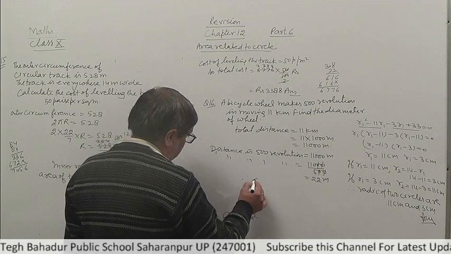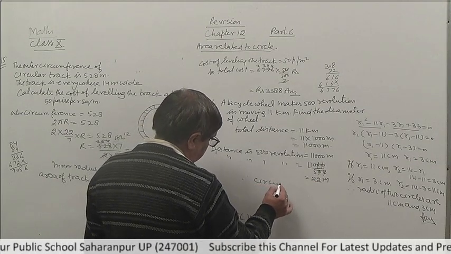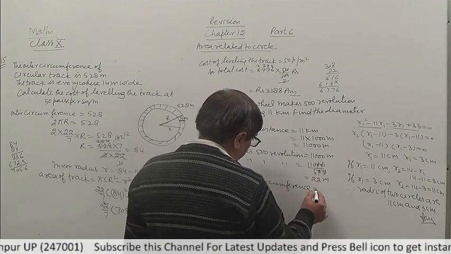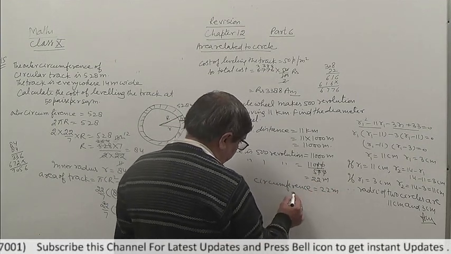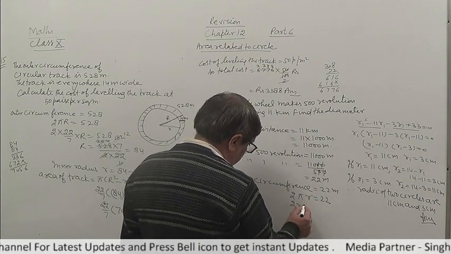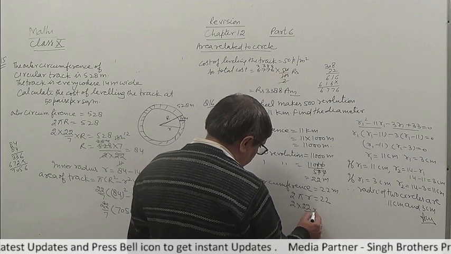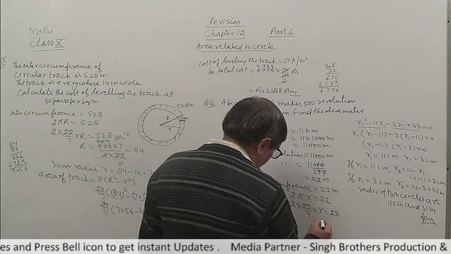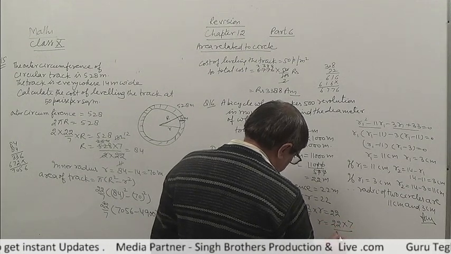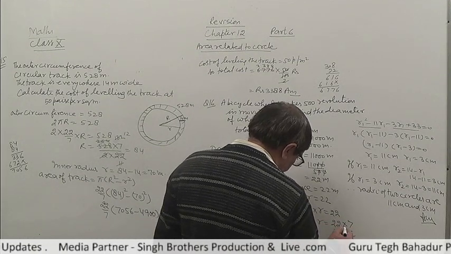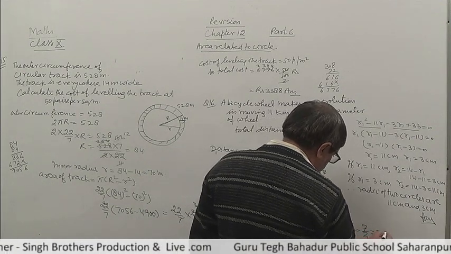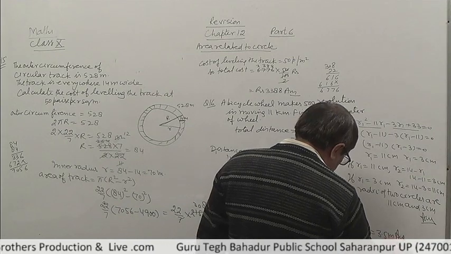So the circumference is 22 meter. Circumference is 2 pi r, 2 into 22 upon 7 into r, and r is equal to 22 into 7 upon 2 into 22. 22 and 22 cancel. 7 upon 2, 3.5 meter.